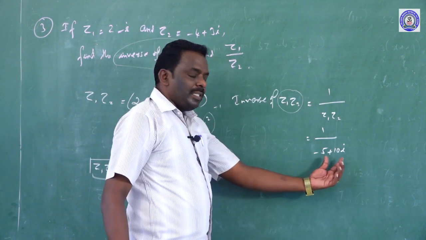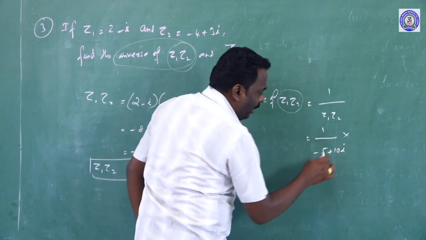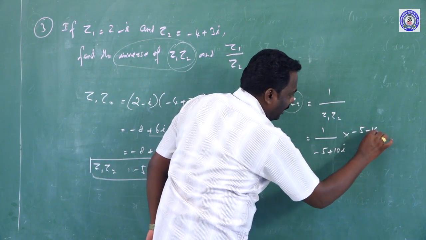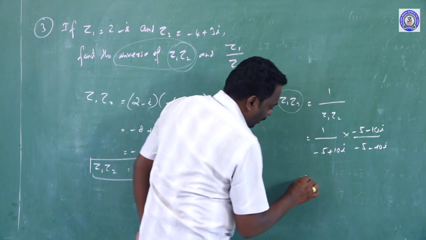So we want to remove the i term in the denominator, so we take the conjugate. What is the conjugate of the denominator? Minus 5 minus 10i by minus 5 minus 10i.